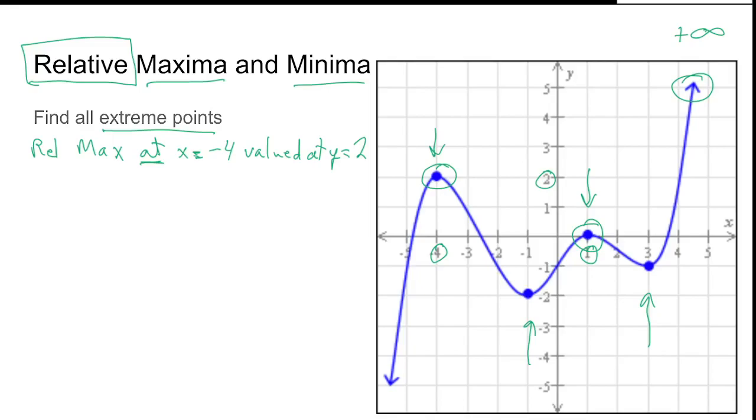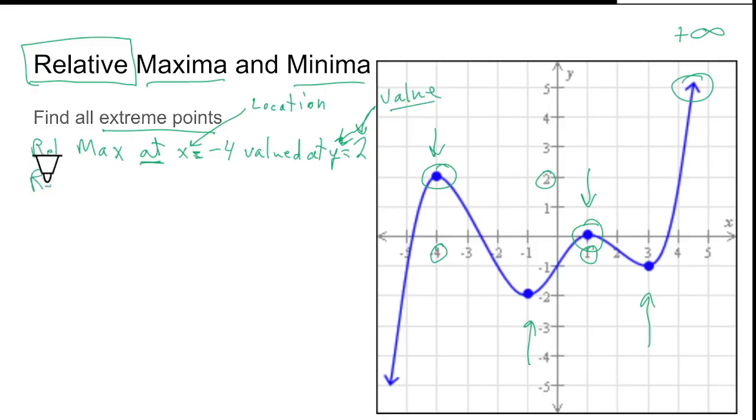So just get used to that. Whenever we're talking location, we're talking about the x. Whenever we're talking about a value, a function value, we're talking about a y value. Right? This is a value. So values, those are y's, locations are x.